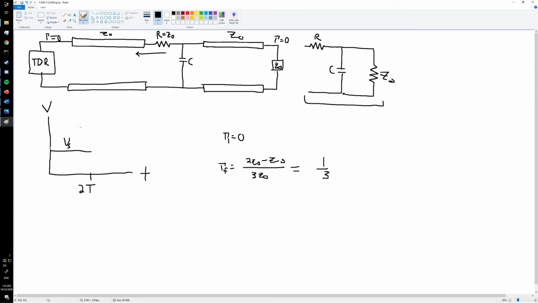Because of this, a positive 1/3. Because of this, we're going to start out at Vs, and then we're going to go up like that to an asymptote at 4/3 Vs, and continue on that for the rest of time.